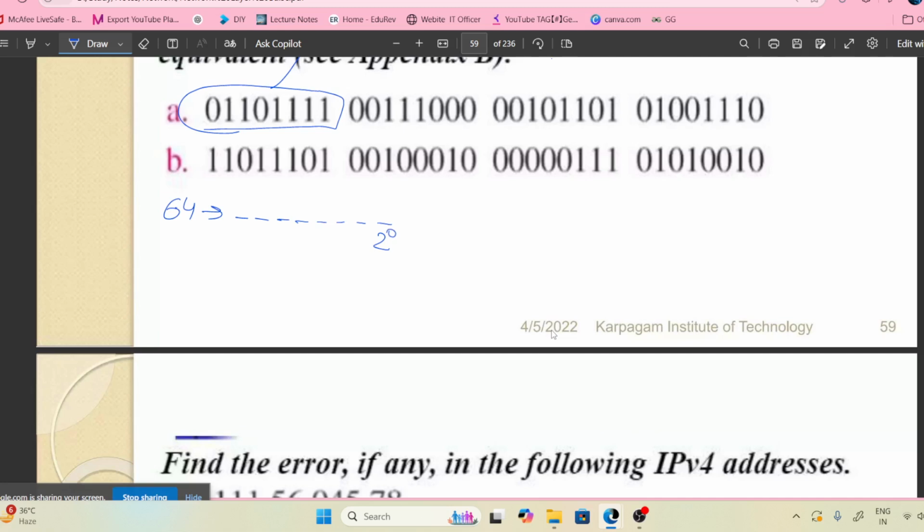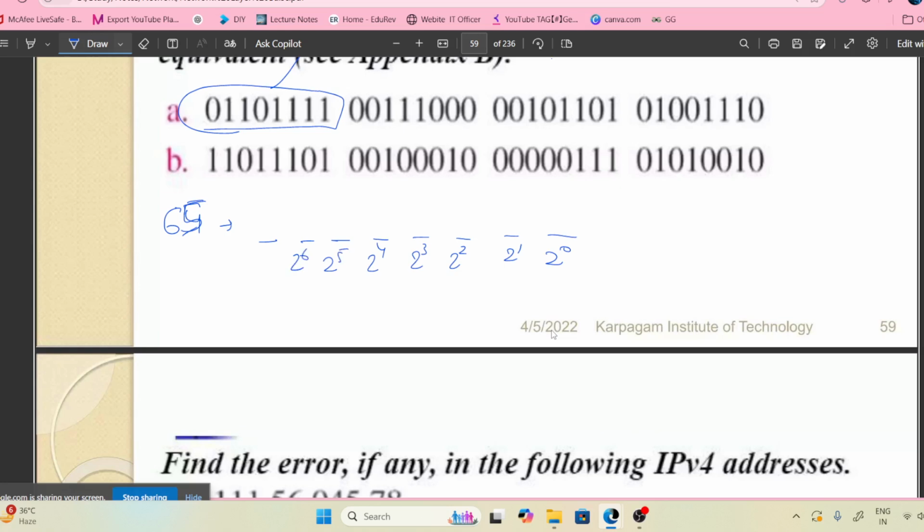It is 2 raised to power 0, 2 raised to power 1, 2 raised to power 2, 2 raised to power 3, 2 raised to power 4, 2 raised to power 5, 2 raised to power 6. Let me write it larger and more clearly.